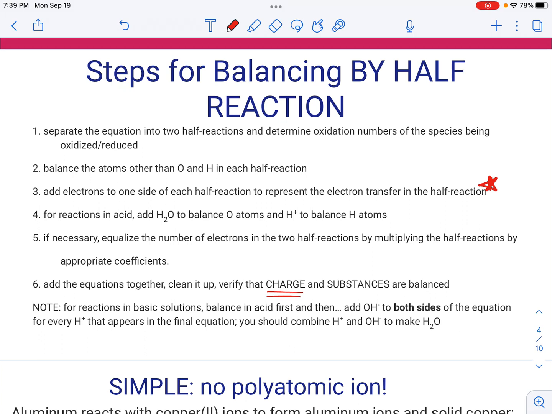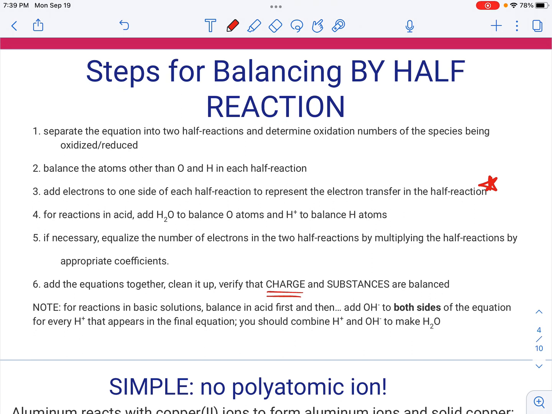Let's walk through these steps as we go. We start by separating into half reactions, then decide the oxidation numbers of the things being changed, and then balance everything other than oxygen and hydrogen.